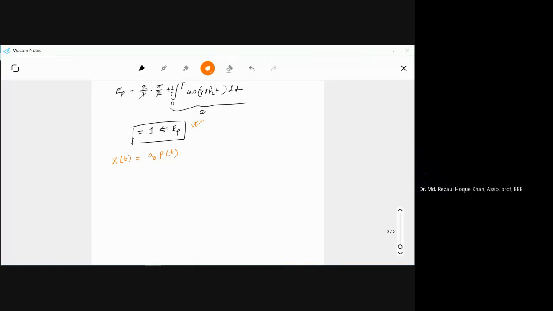Now what is this a0? a0 belongs to two values. It could be either minus A or plus A. The old story, we did it earlier: because it's binary, a positive A represents 0, and a negative A represents 1.